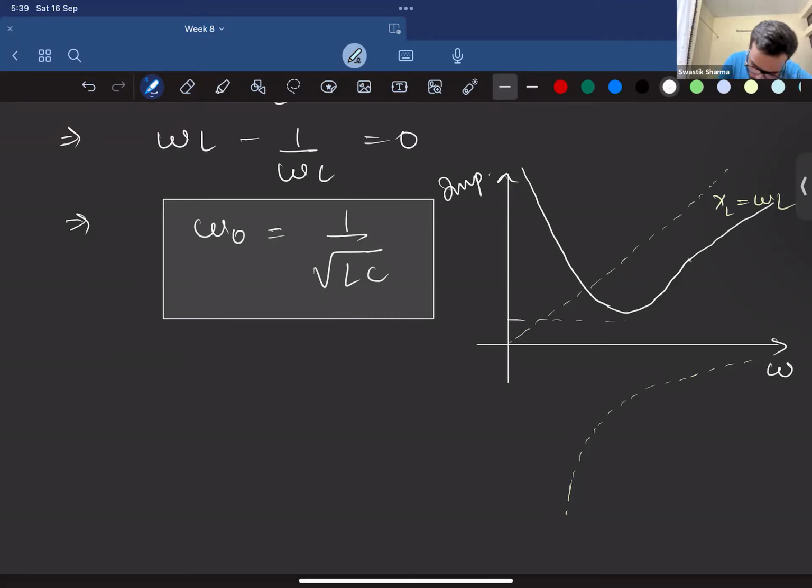And the point of minima would be nothing but the resistance, right? Because the whole waveform is being added with resistance. So this point at which the waveform exactly coincides with the value of R is nothing but omega naught, and at this point the circuit is resistive. That's exactly the whole idea of omega naught.